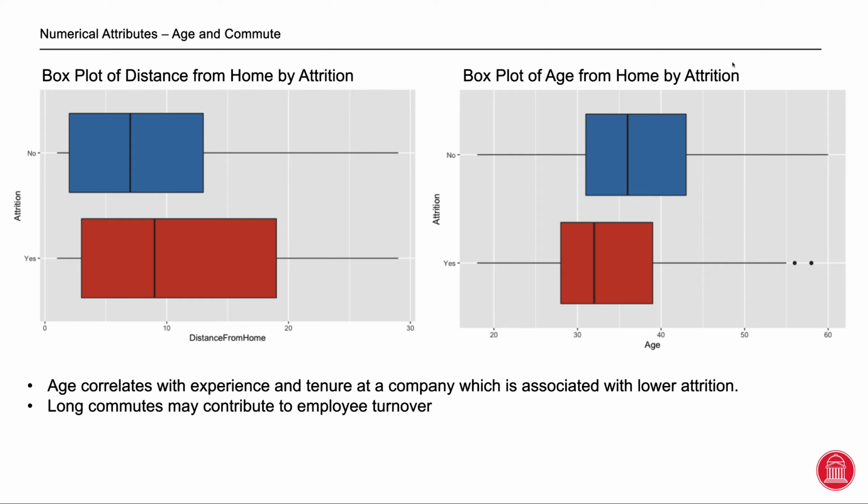And that's exactly what our box plot shows, the red plot showing a higher median commute distance for employees that have turnover. And then with age, that tends to correlate with more tenure and experience. In general, younger employees are more likely to have turnover until they find that right-fit job where they want to stay for the long term.